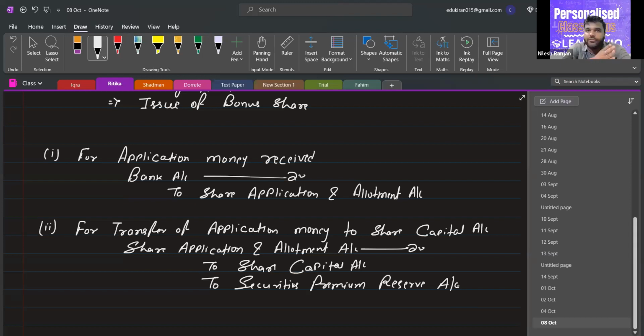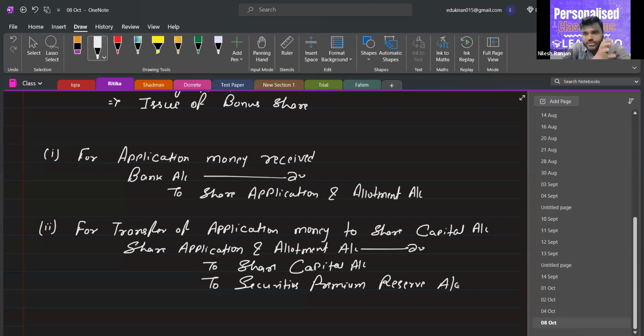First of all, we have to see with which installment the premium is payable, and in that entry, we will pass the premium entry along with due. So premium can be along with application, along with allotment, first call or final call, or premium can be along with two installments.